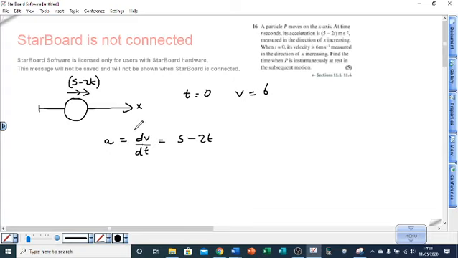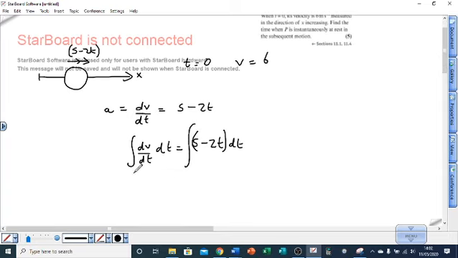So we're going to integrate this side, dv by dt, with respect to t, and integrate that with respect to t. Yeah, you could put these limits on. I won't go on to that. I'll just do it the way I've shown you.